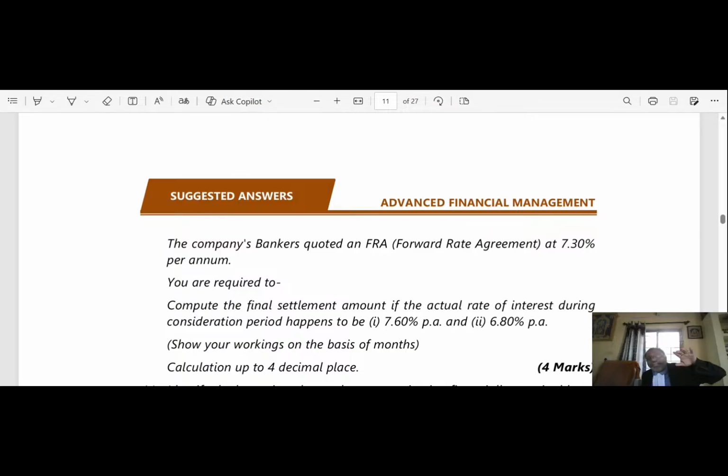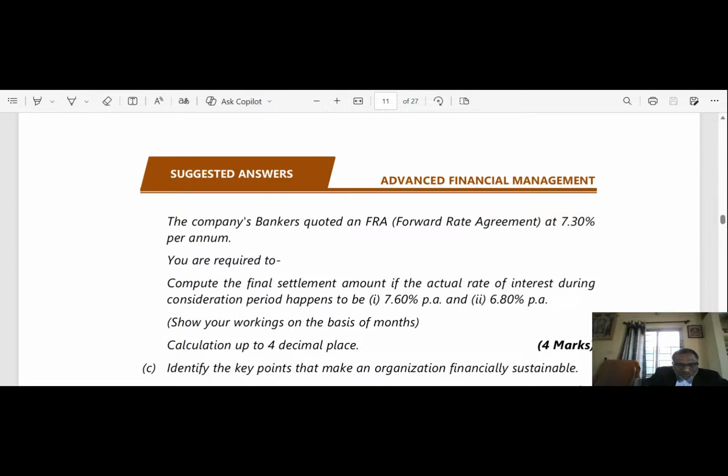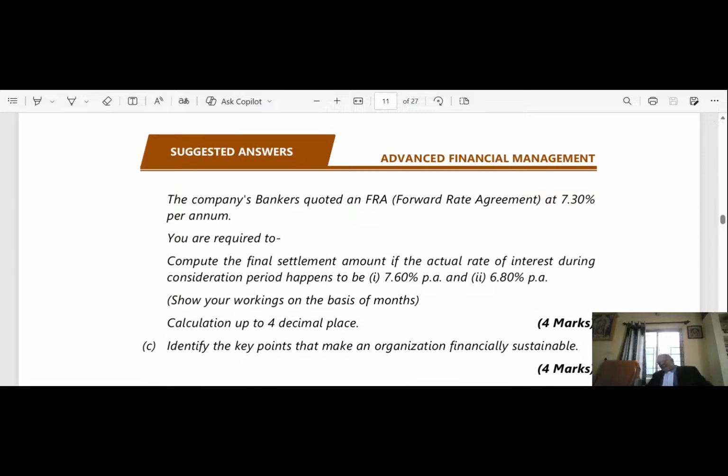You are required to compute the final settlement amount if the actual rate of interest during the period happens to be 7.60% per annum and 6.80% per annum. Show your workings on a monthly basis. Calculate up to 4 decimal places.